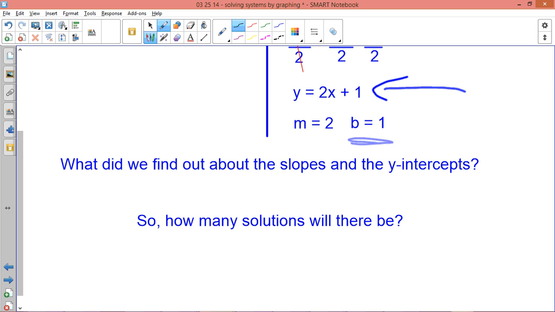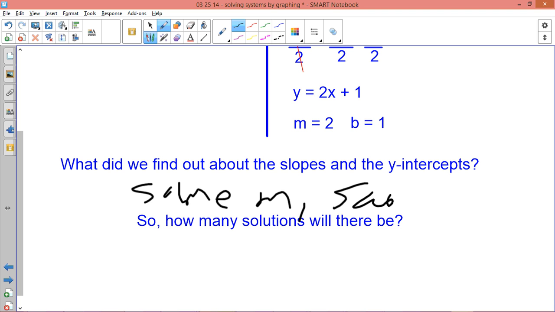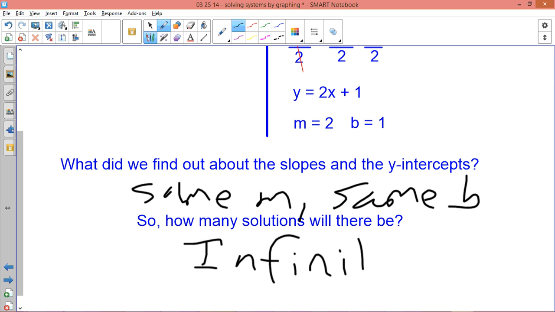And we'll just write that out. What do we find about the slopes? Same slope, so same m, same b. How many solutions? Infinite solutions. I abbreviate the word solution, SOL apostrophe N, and I'll just pluralize it, put an S at the end.